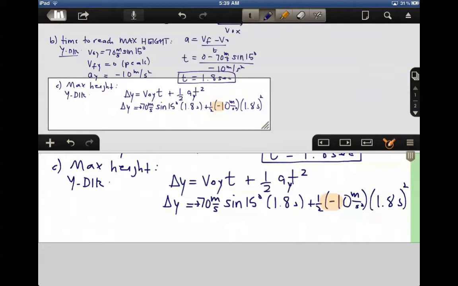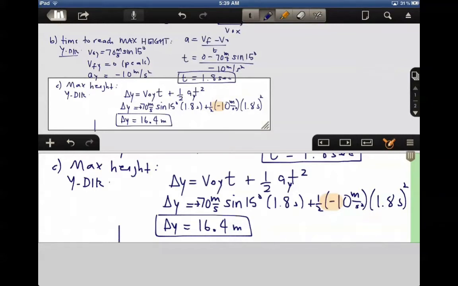I made that positive because the ball is slowing down. It's moving upward but slowing down, so the velocity and acceleration have to have opposite signs. So when I calculate, I get 16.4 meters. And it's a positive value because the bullet is rising upward.